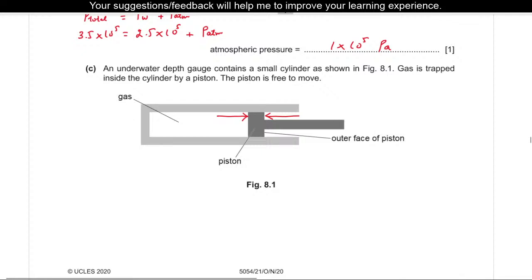So these are two forces which are equal, but when it is lowered into the water, this pressure increases. When this pressure and as a result this force increases, we get a resultant force towards left.